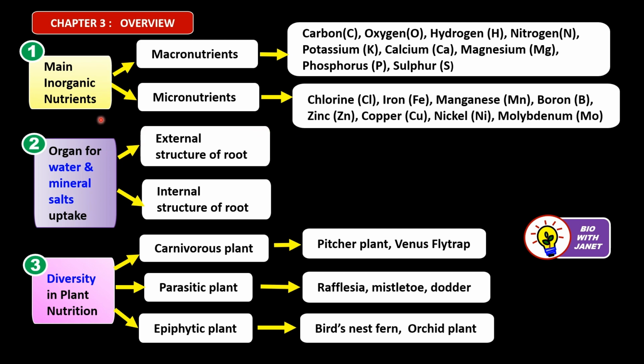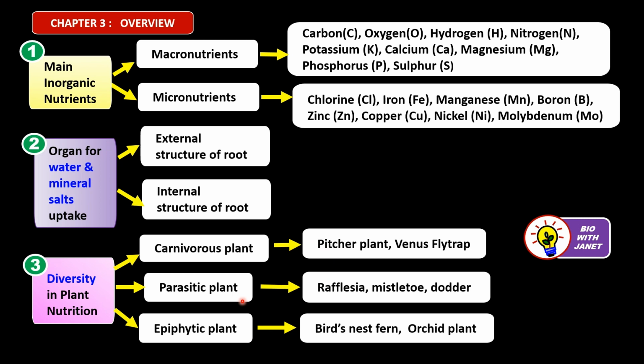Now, in the second video, we'll be discussing the organ for water and mineral salts uptake. This is the root. We're going to discuss the external structure of the root and then the internal structure of the root. In the third video, we'll discuss diversity in plant nutrition, and we're going to talk about 3 types of plants that obtain their nutrients in different ways. Carnivorous plants can digest insects and other animals. These include the pitcher plant and the Venus flytrap.